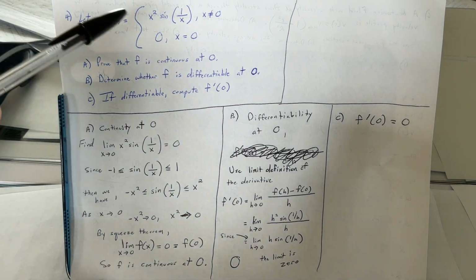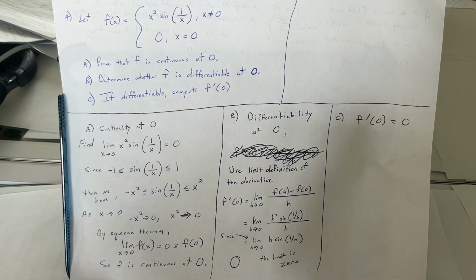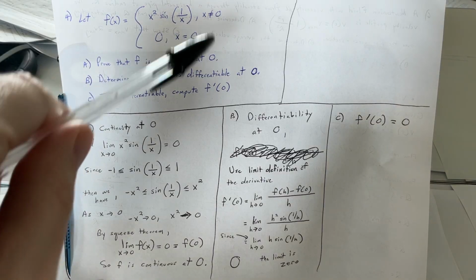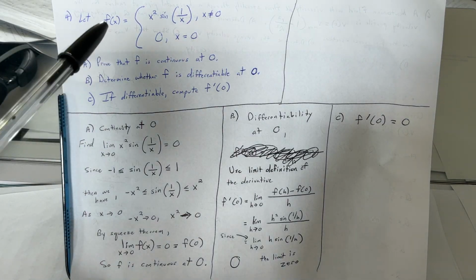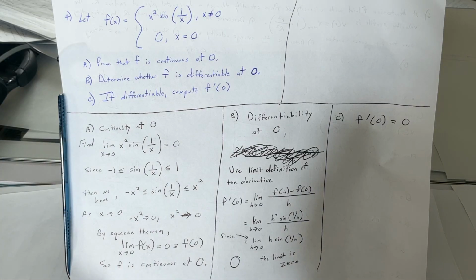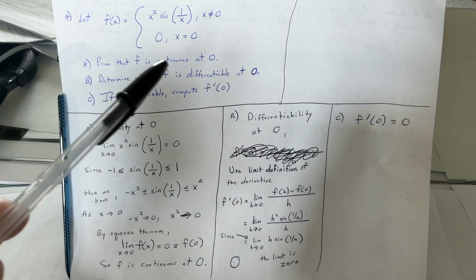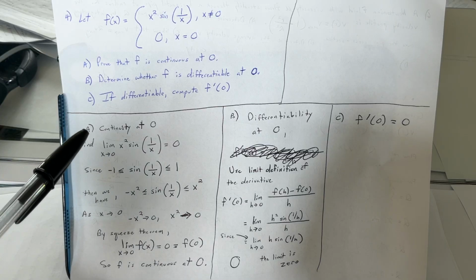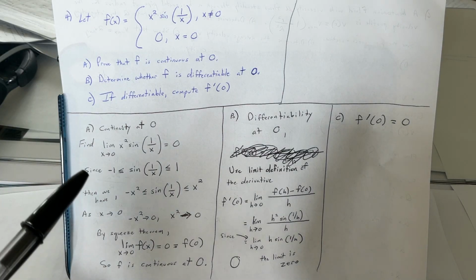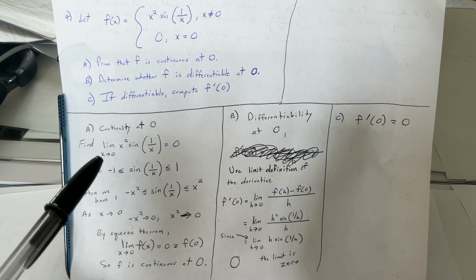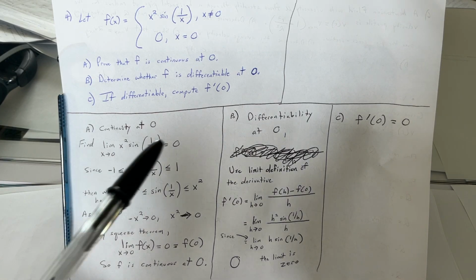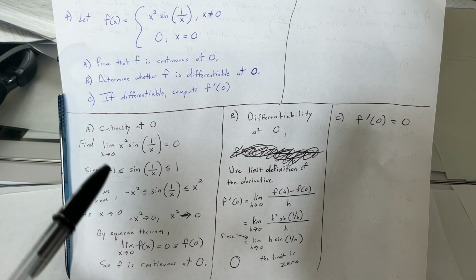Number 4, we have this piecewise function. f of x equals x squared sine of 1 over x, where x is not 0, and 0 where x equals 0. Part A, prove that f is continuous at 0. We're going to use the squeeze theorem for this. Find the limit as x approaches 0 of x squared sine of 1 over x and set it equal to 0.